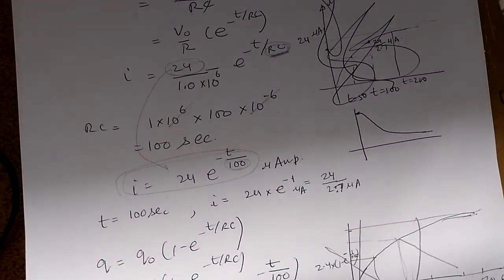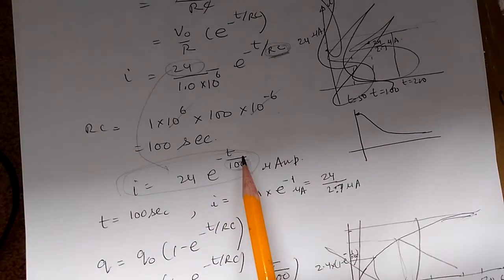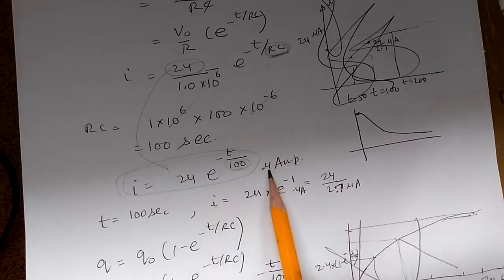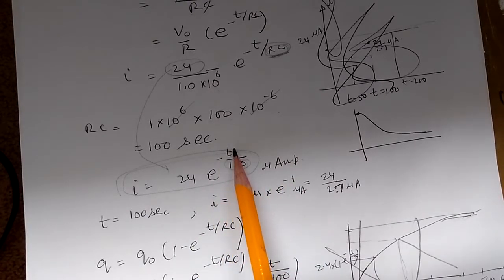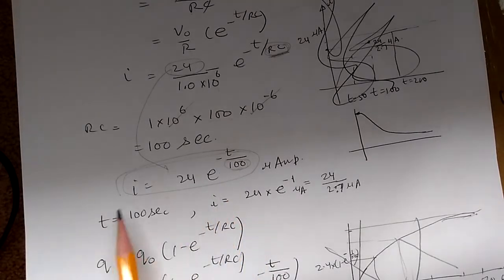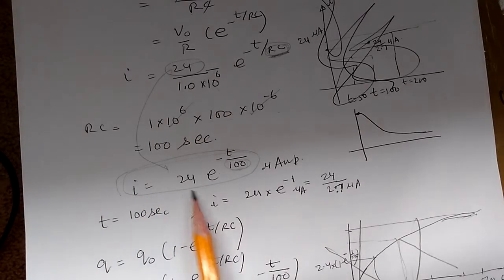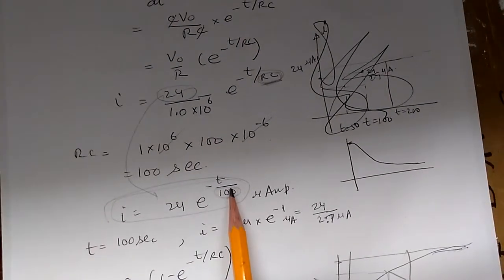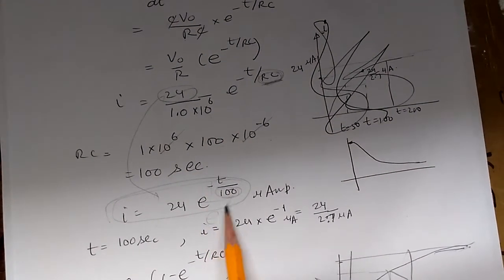We know that initially when t is equal to 0, I is equal to 24 microampere, because e to the power 0 is 1. And when t is equal to infinity, this is 1 upon e to the power infinity.